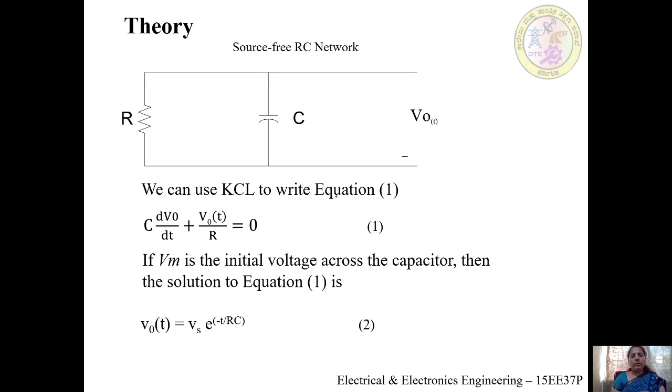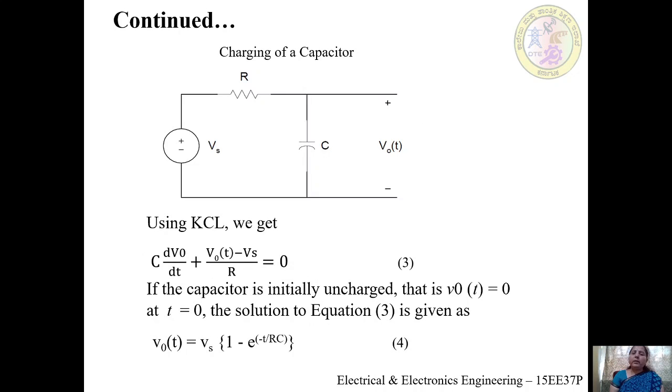Okay, now we shall see the expression for the output voltage during charging period and also during discharging period. When the capacitor is charging, the circuit can be written as shown on the screen. So here we have shown the voltage source.